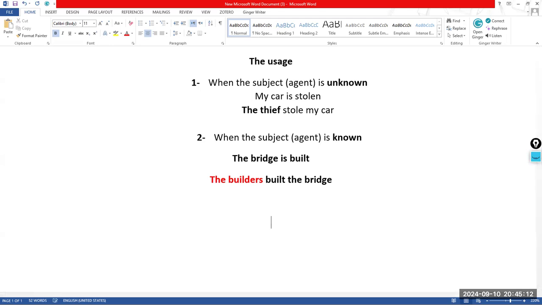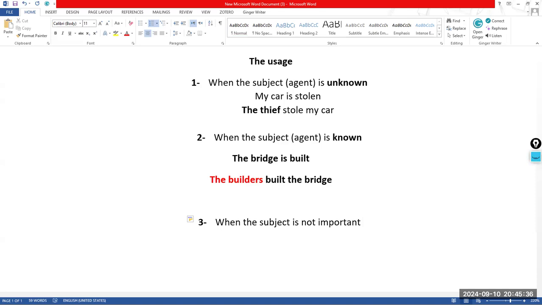The third usage, guys, of the passive voice is when the subject is not important. What do I mean when the subject is not important?